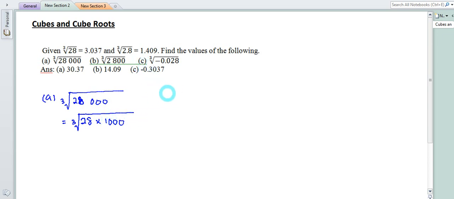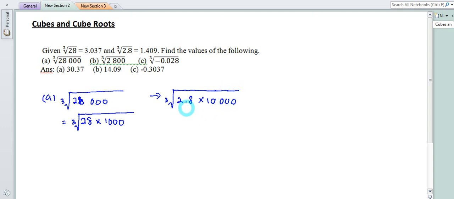So if I change it to 2.8, what should I multiply in order to change the 2.8 to go back to this? 1, 2, 3, 4. I need to multiply 10,000, right?